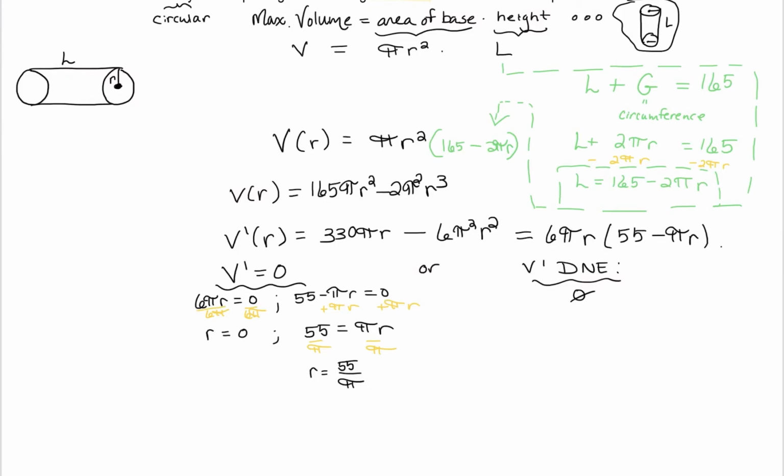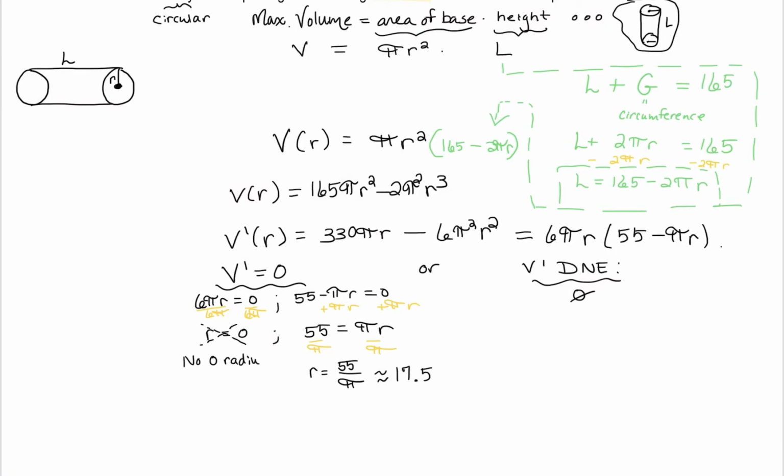And so if we wanted to think about that, 55 over pi, just so we have a reasonable sense in our minds of what this is approximately, 17.5. All right, so now obviously, like other ones here, we're going to throw out r equals 0, so we can't have a 0 radius, so no 0 radius length.